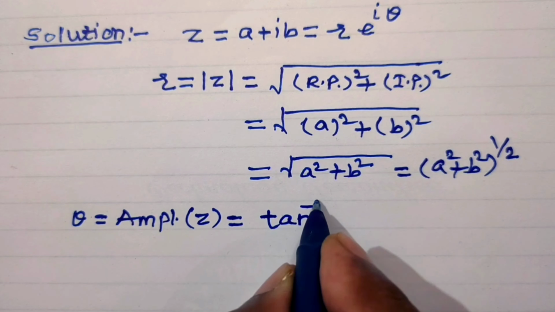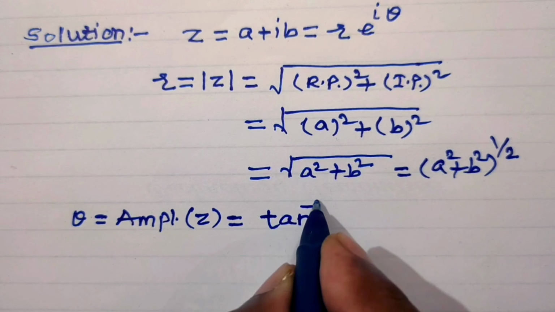The exponential form of a plus ib is r times e to the power i theta, and the exponential form of a minus ib is r times e to the power minus i theta. Here this r gets cancelled with this r, then transfer this e to the power minus i theta to the numerator, changing the sign of the power.